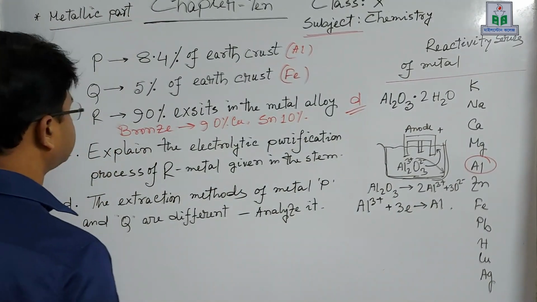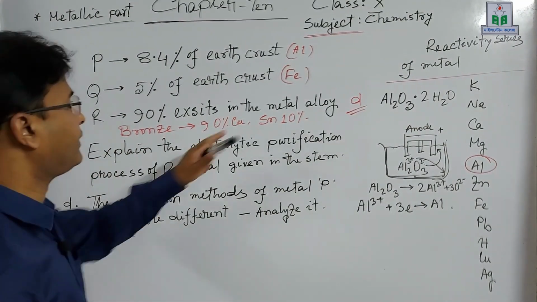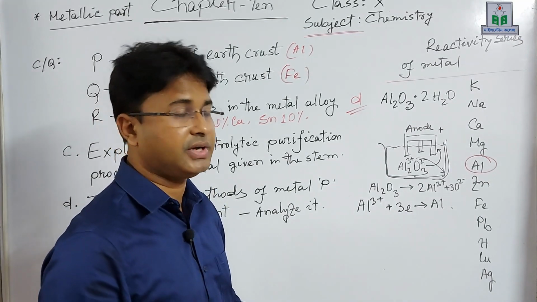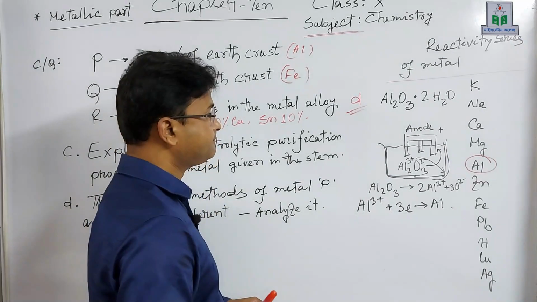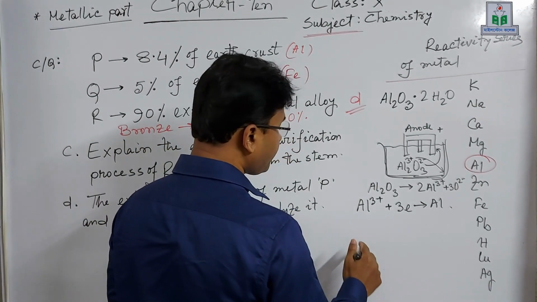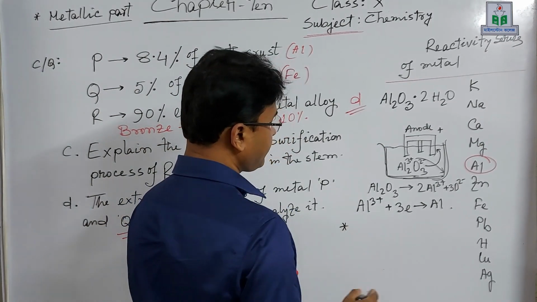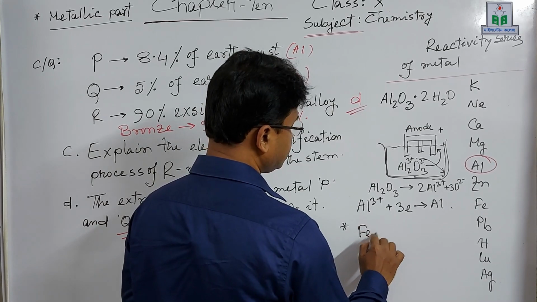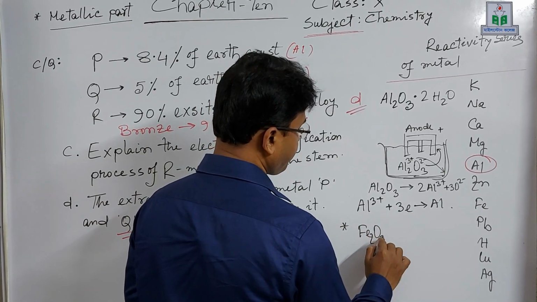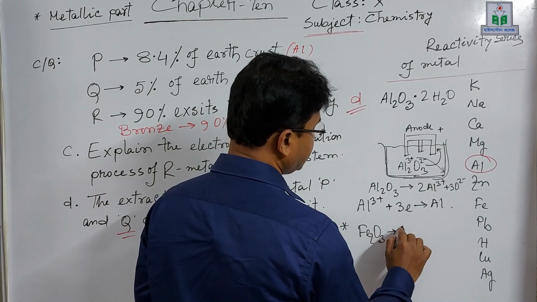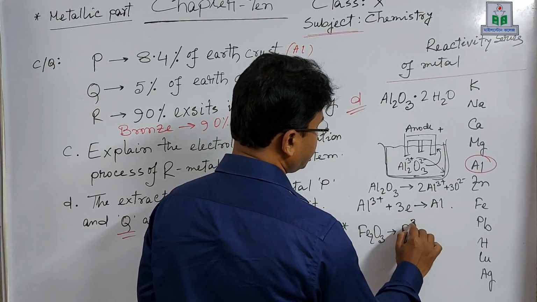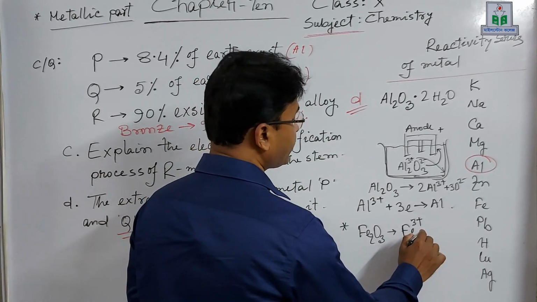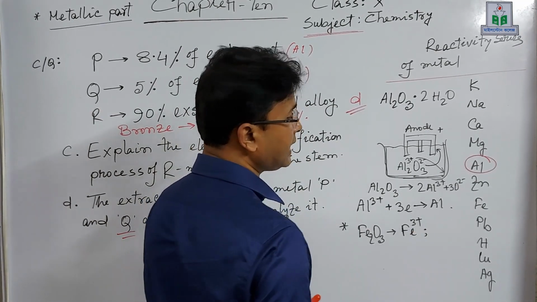The other metal is iron, and iron is extracted by the carbon reduction process. In this case, Fe3 plus of ferric ion of ferric oxide is reduced by carbon.